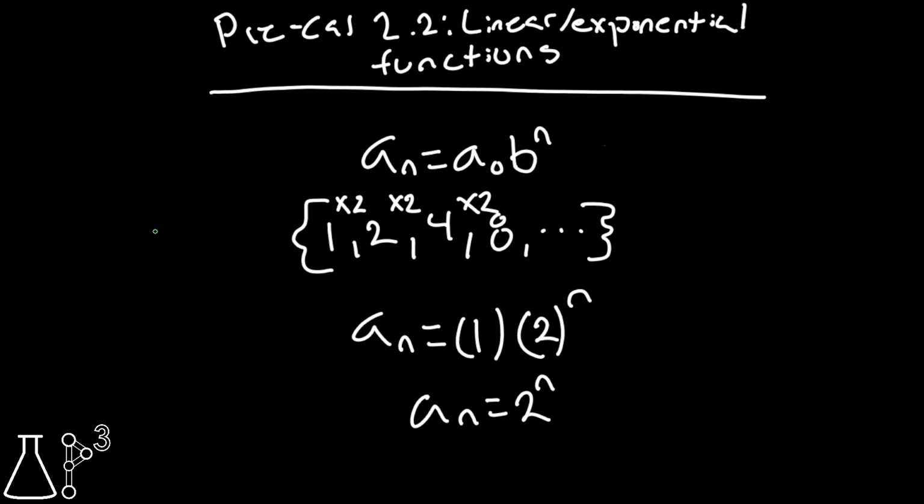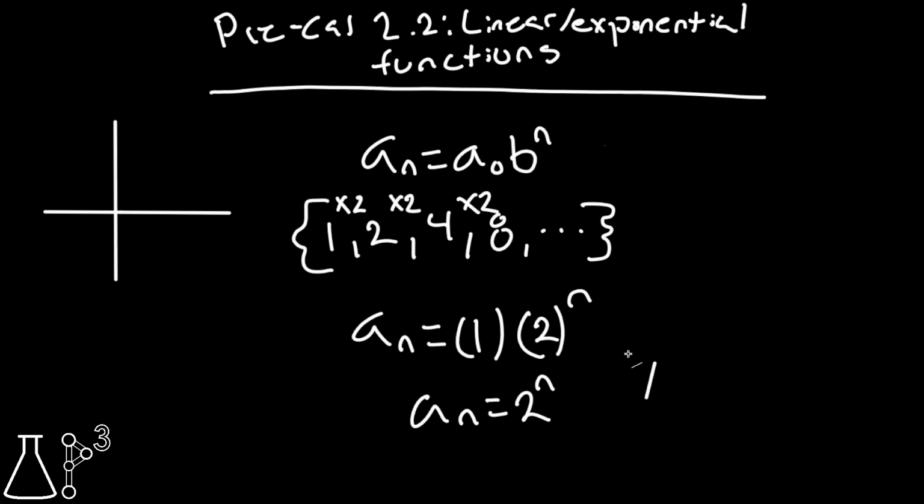Now, I just want to do a really quick recap of an exponential function, because it's very important to understand how these two are linked. So this would be similar to an exponential function.